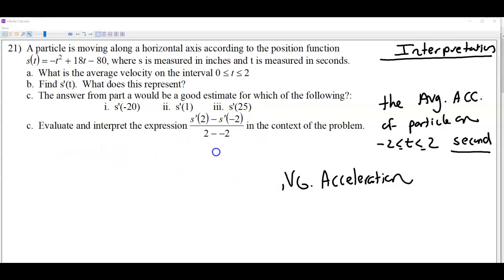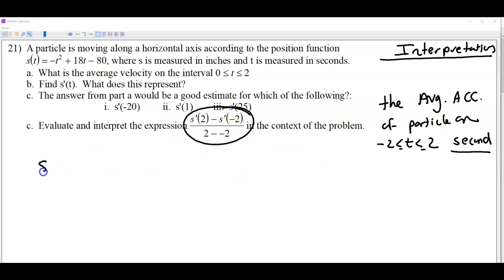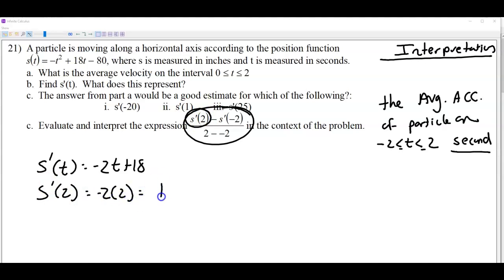So let's go ahead and actually figure out the solution of this. Now, we already know from part B that s prime of t is equal to negative 2t plus 18, right? Now, I want to figure out what's s prime of 2, so I would just plug 2 in there, which is going to give me 14. And then we also want to find out s prime of negative 2.